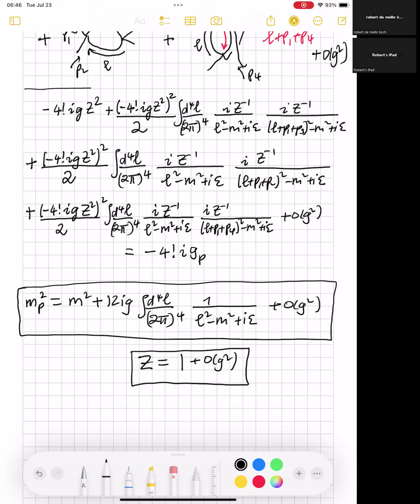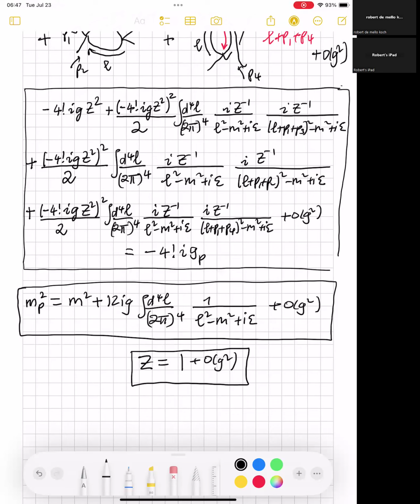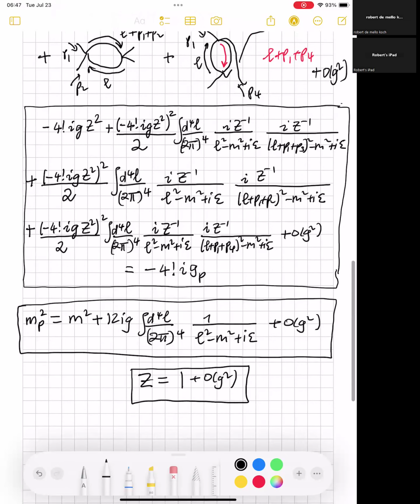So we have now worked to one loop, and we have these three equations. And what would they allow us to do? Well, your experimental colleague will have gone away and measured. He will come and tell you g_P is some value, like maybe 1.6 times 10 to the minus 19 coulombs.